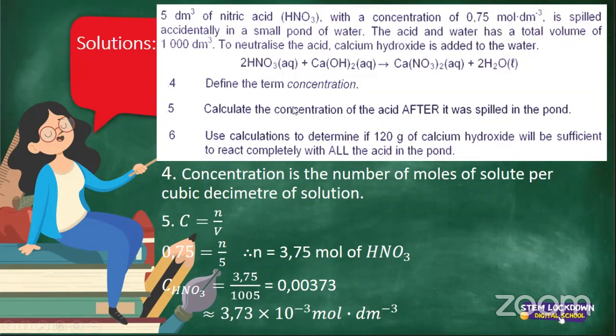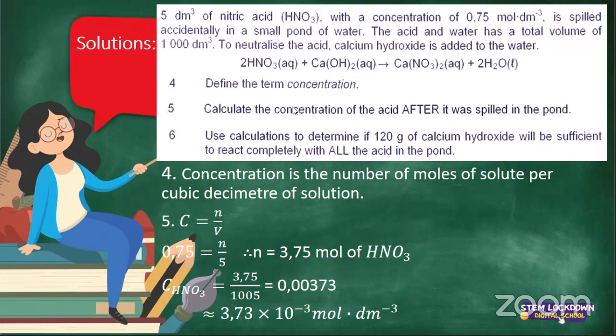Then you have been told that 5 cubic decimeters of nitric acid with a concentration of 0.75 mole per cubic decimeter is spilled accidentally on a small pond of water. The acid and the water have a total volume of 1,000 cubic decimeters. To neutralize the acid, calcium hydroxide is added to the water.